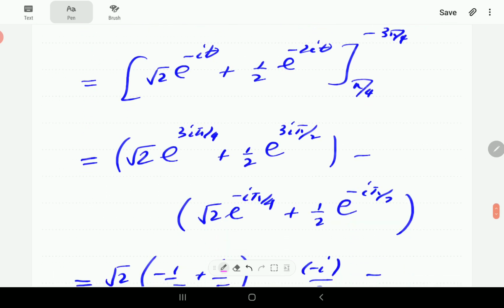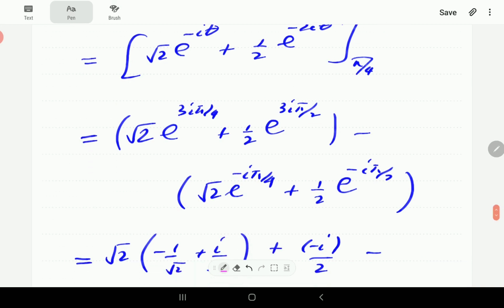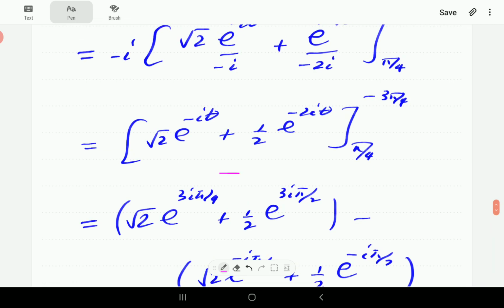We plug in negative 3 pi on 4. That's what we're going to have. And then this is what we have if we plug in pi on 4. This one we're going to resort to Euler's formula. So we're just going to use e to the i theta equals cosine theta plus i sine theta. Here theta is 3 pi on 4, which is in the second quadrant, actually 135 degrees.